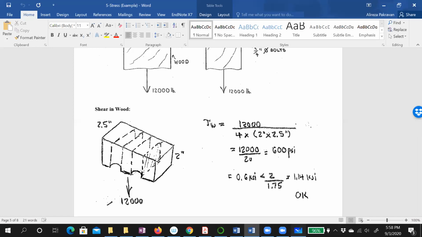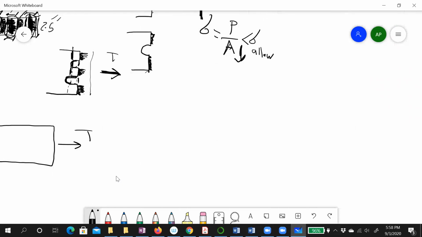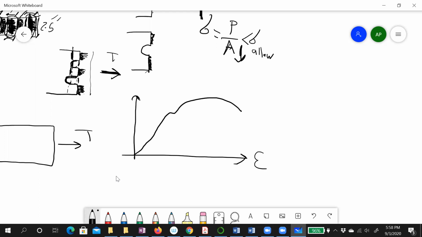Well, yeah. Let me draw the diagram from the last lecture, or maybe you have seen it in the material lab. For example, for steel, we have a stress-strain curve like that. This is strain, this is stress, right?